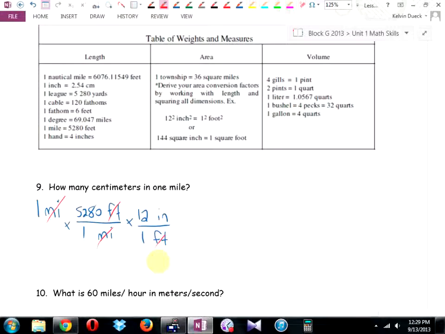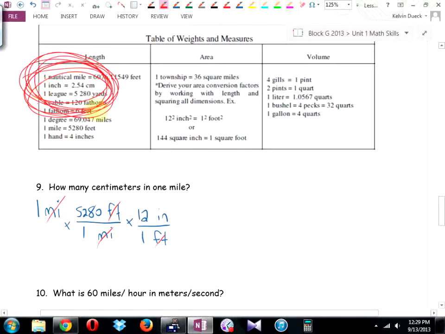That chart that's right in front of you, looking down in front of you. Do you see something on that chart somewhere that relates inches to centimeters, my friend? What's that? You do see something that relates inches to centimeters, Rob? I knew I could count on you.